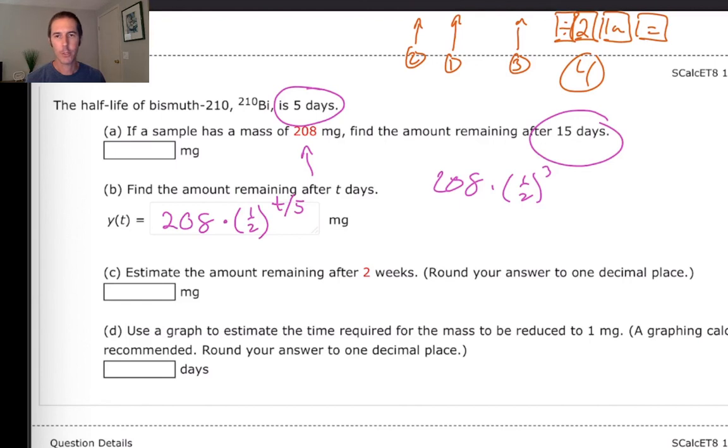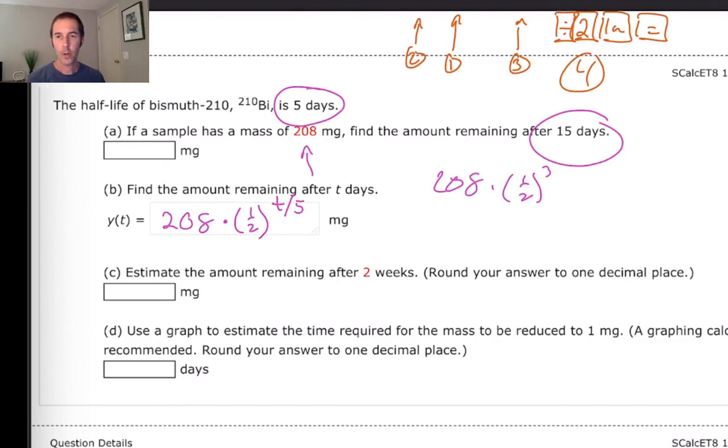If you graphed our original function here as your first equation, and if you graph y equals 1 as your second equation, and you did it in Desmos, for example, you could just drag your cursor to the point of intersection and click, and it will show you the x and y coordinates of that point of intersection. The y coordinate will be 1, and the x coordinate will actually be a t value, measured in days, and then you'll have to round to 1 decimal place.